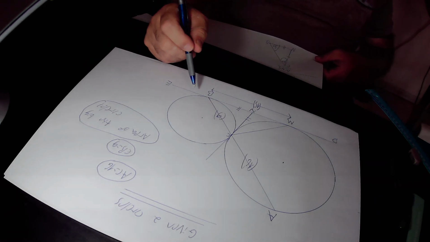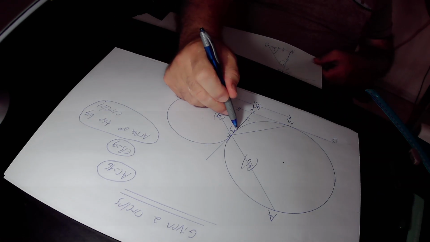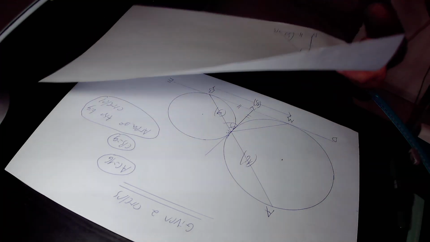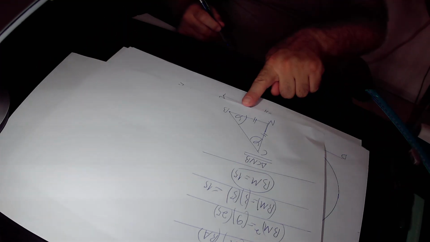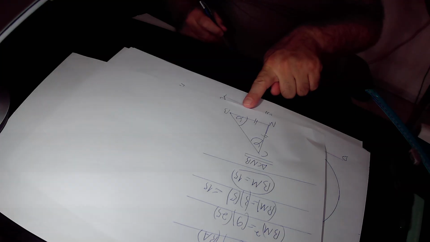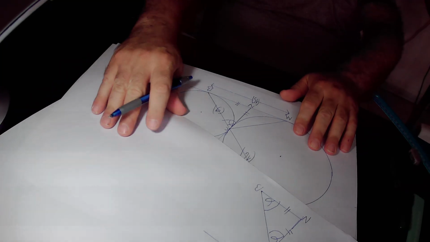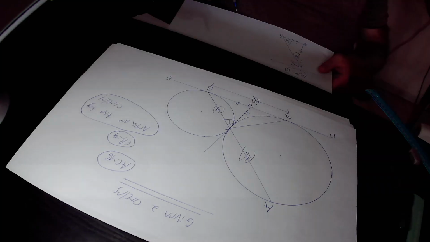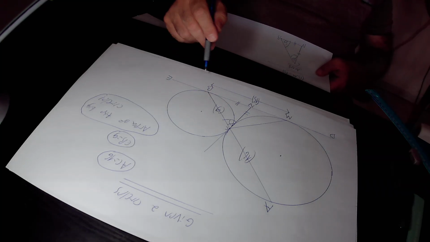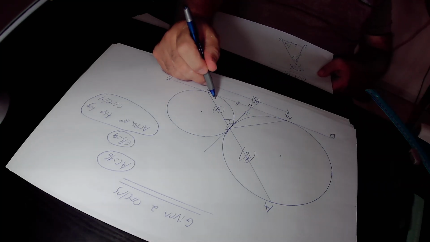Angle NCB equals alpha, and the second angle that is equal to alpha is angle CBN.